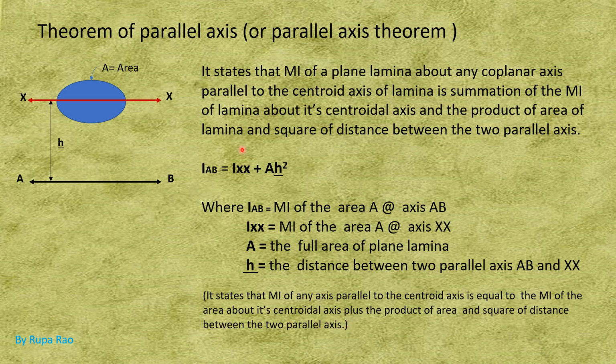So what is important is, AB is parallel to the centroidal axis XX, then IAB is equal to IXX plus A H square, where this H is the distance between the axes AB and XX. This is the parallel axis theorem which we'll be using while solving problems.